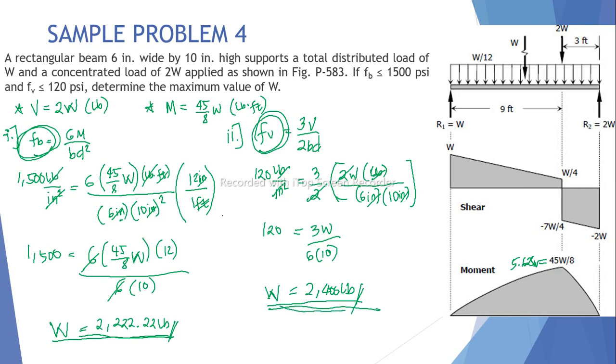So if the load were 2,400, bending would already have failed. So the most the beam can carry is 2,222.22 pounds. Therefore, the final answer is W equal to 2,222.22 pounds.